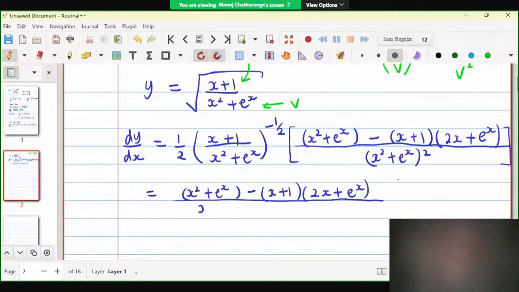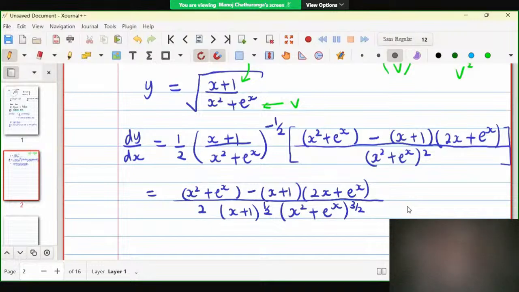In the denominator, I have 2 times x plus 1 to the power 1/2, times x squared plus e to the power x to the 3/2. If you want, you can simplify the numerator as well. I think this is good enough.